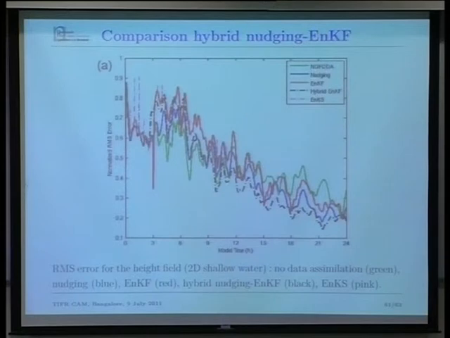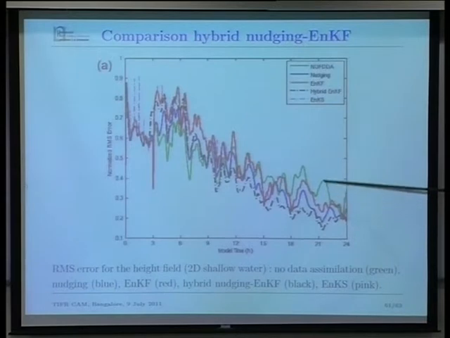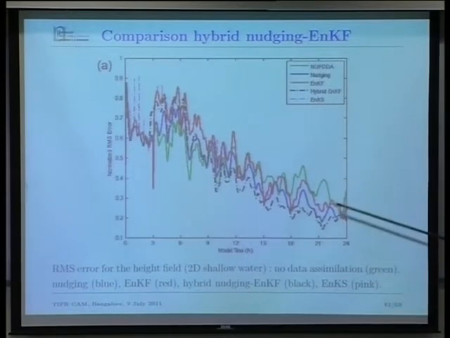So here's what they get for the 2D shallow water. It's the RMS of the height, the sea surface height. At the beginning it's not very clear because the shallow water model is quite stable, so you can do almost anything. At the beginning everything is nice, but after some days you can see that if you don't do data assimilation, then you have a larger error, which is standard.